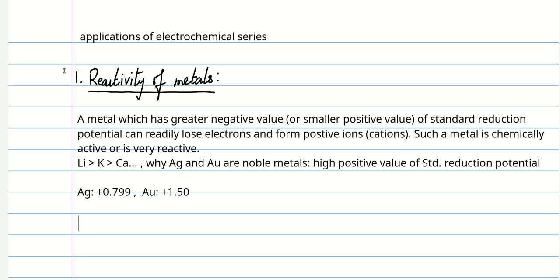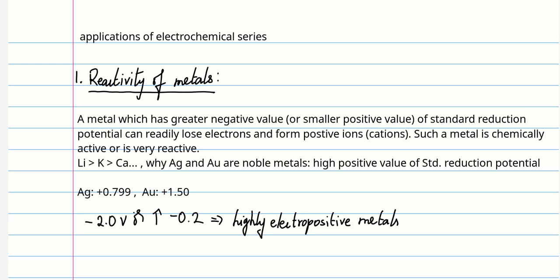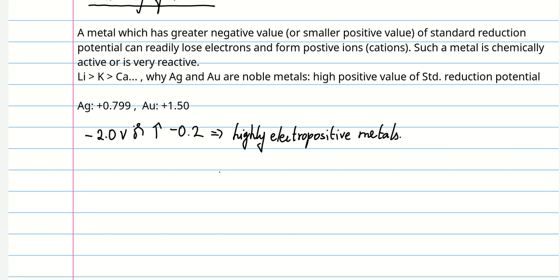We can also say that metals which have values below minus 2.0 volts, sorry, this should be minus 2.0, so values more negative than minus 2.0 volts, can be called highly electropositive metals.